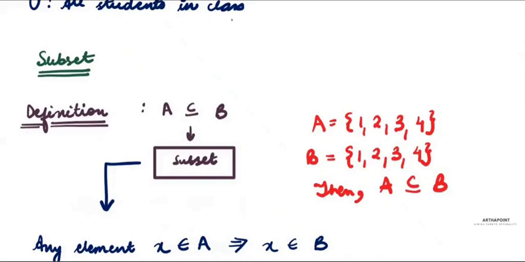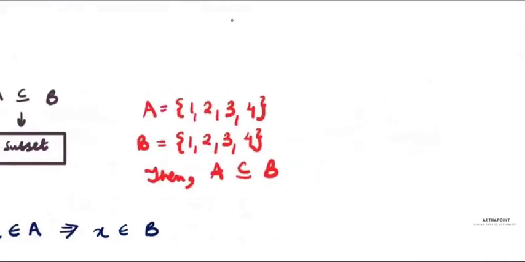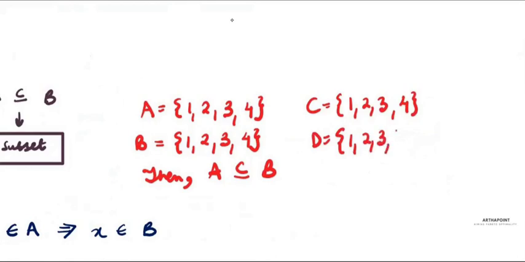Now understand this thing. Suppose C is 1, 2, 3, 4. B is 1, 2, 3, 4, 5.